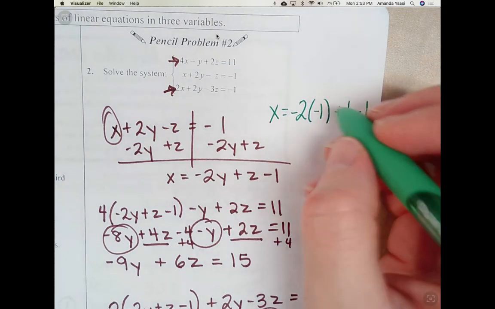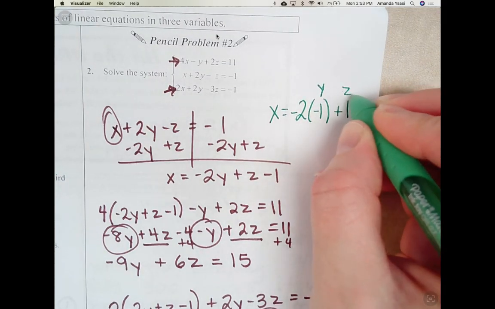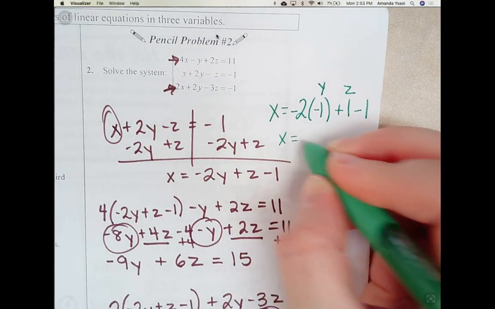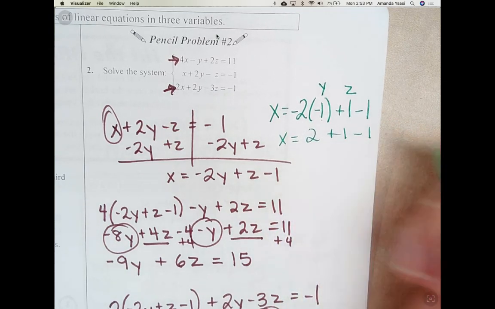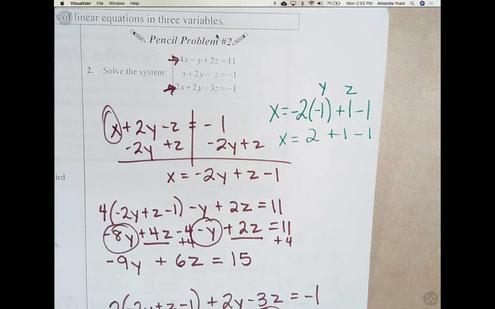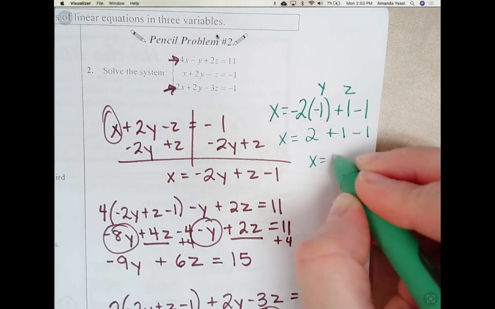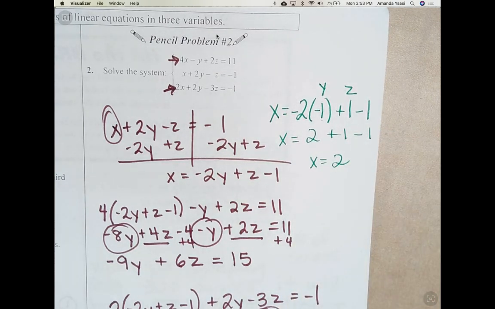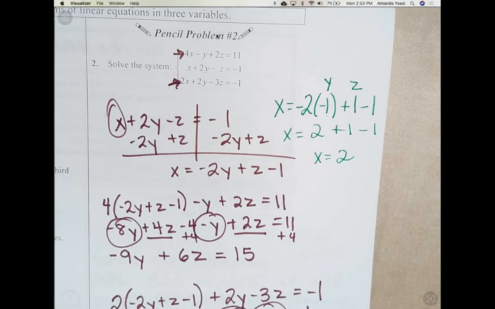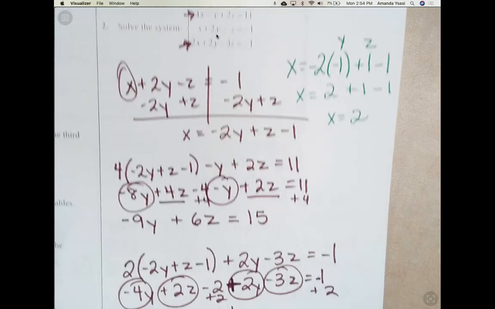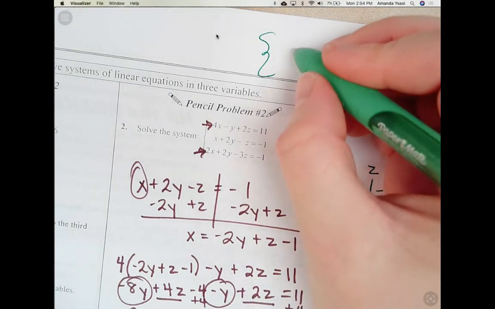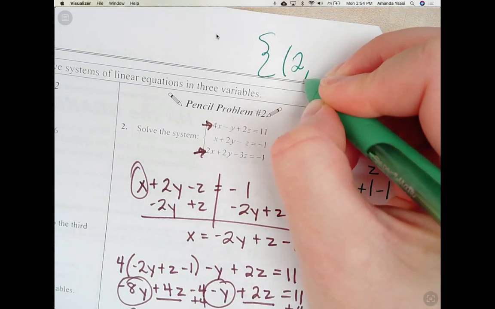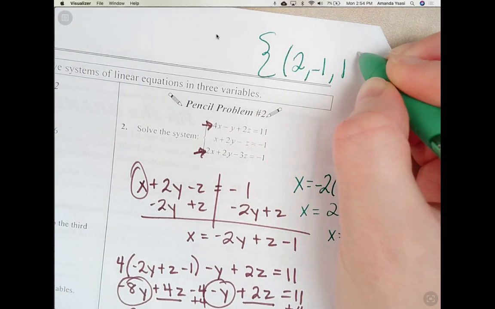So I plugged in y and z. So x equals negative times negative is positive. Well, 1 minus 1 is going to cancel. So x equals 2. So then our solution set is x, y, z. So 2, negative 1, 1.